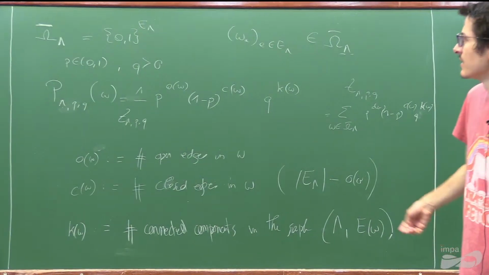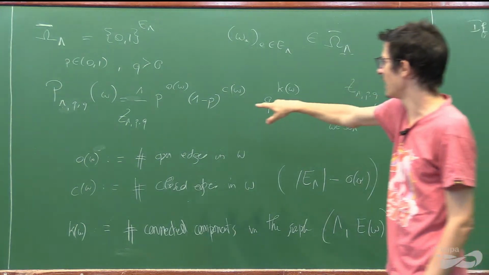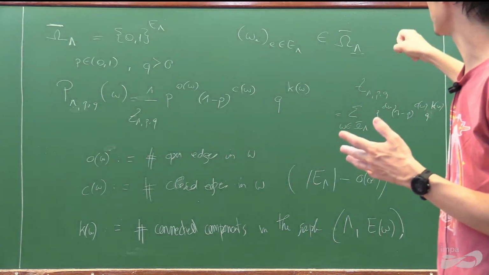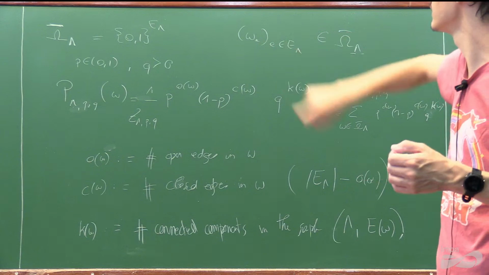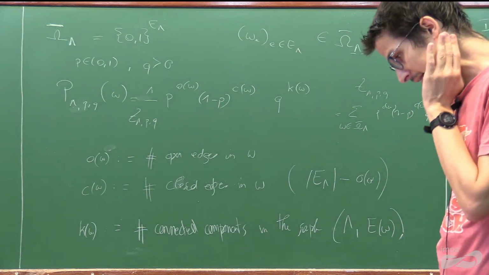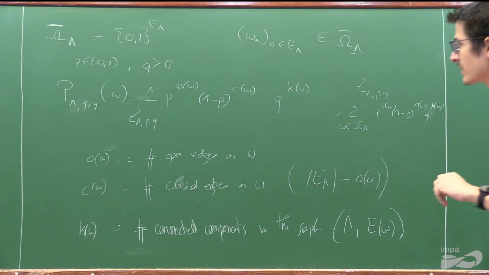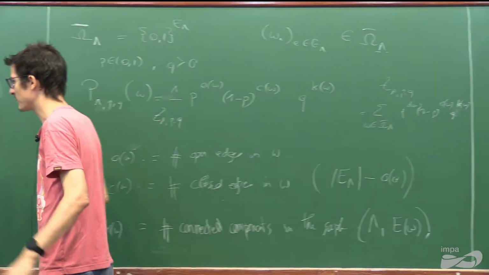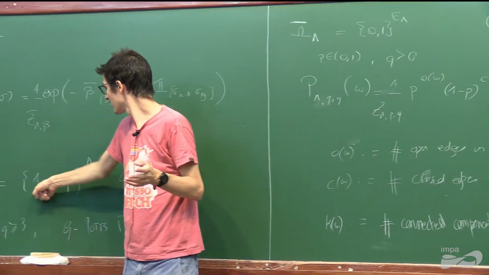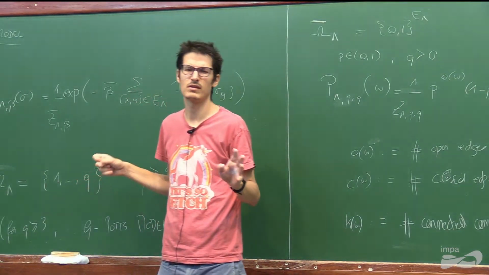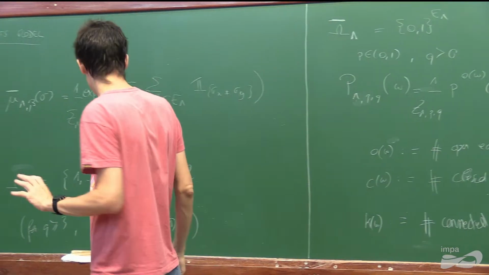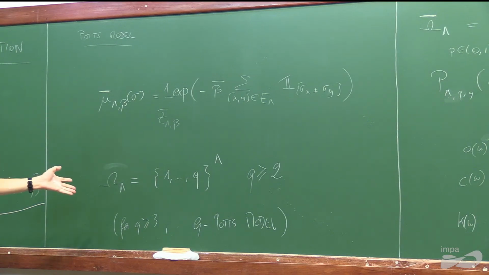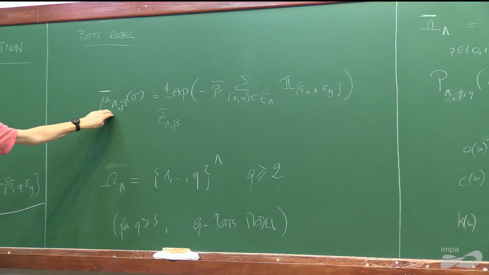If you sample an edge configuration, you get a random graph on the set of vertices Lambda. Then for each connected component of this graph, you can sample uniformly at random and independently for each component a color between 1 and q. And then what you obtain in the end has this distribution.